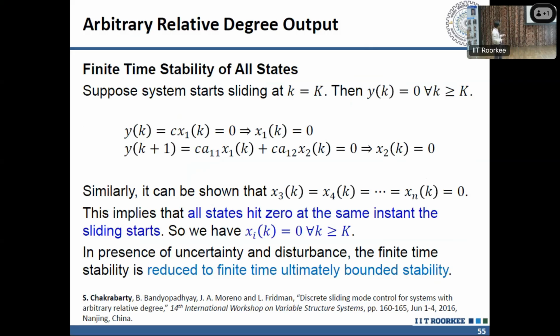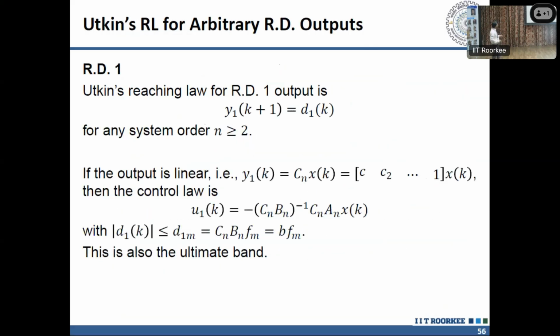This is actually the first work that we did and it was published in the variable structure systems conference workshop. And later on, the previous work that I wrote, that was done. So in this case also, I think we calculated the ultimate band for RD1 case using 15 shaping law. For all the cases we use 15 shaping law.